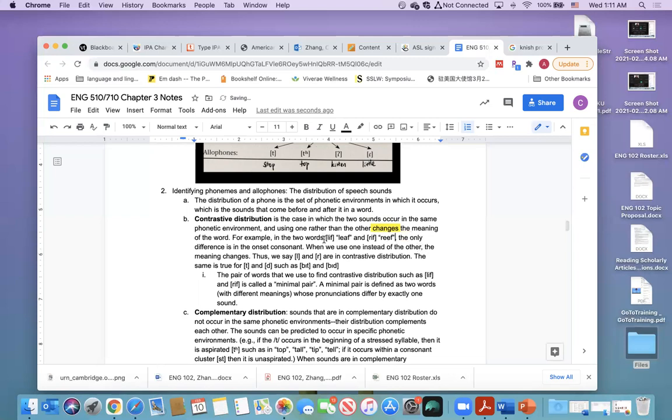Okay, leaf and reef, the only difference in these two words, in these two sounds, is the onset consonant. One is L, the other one is R. Okay, when we use one instead of the other, the meaning changes. Thus we say L and R are in contrastive distribution. And the same is for T and D sounds in bit and bid.